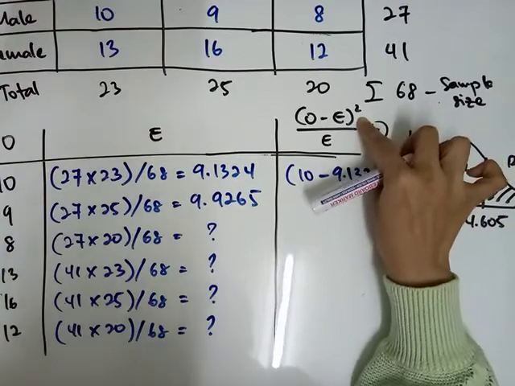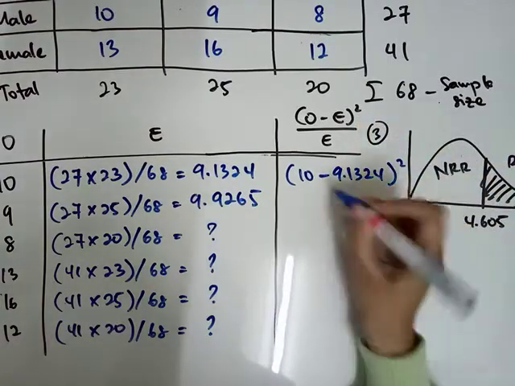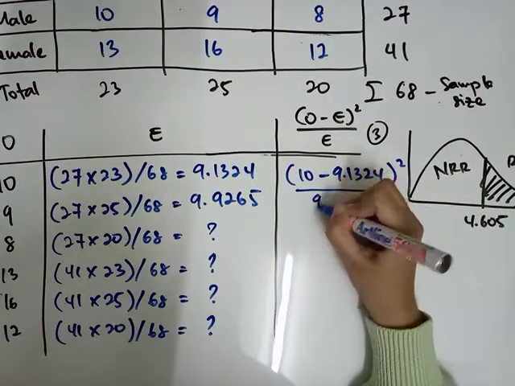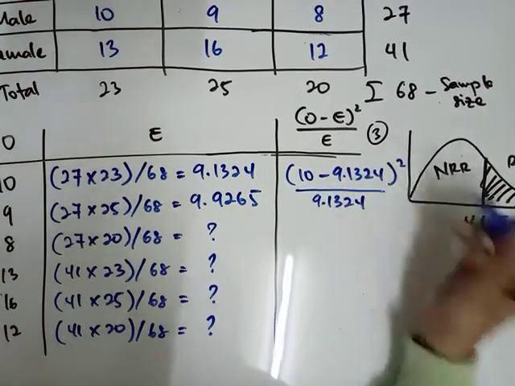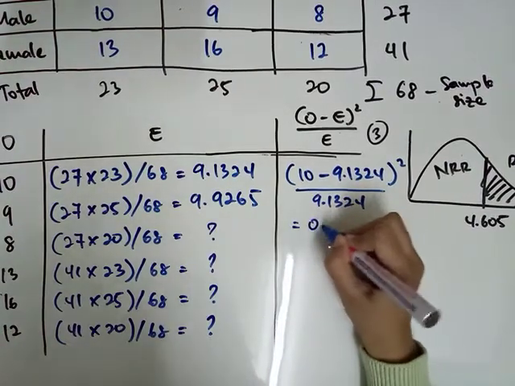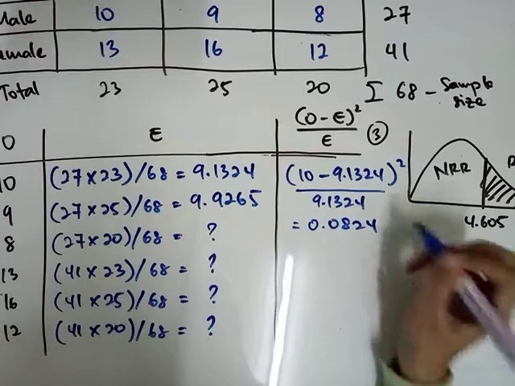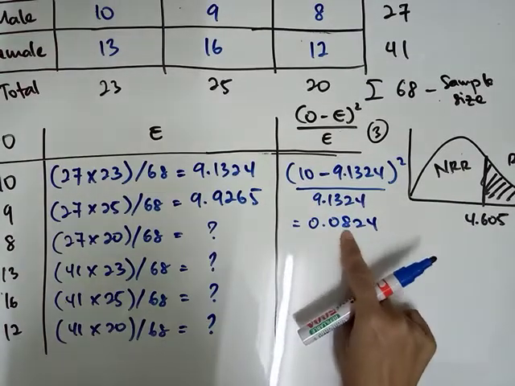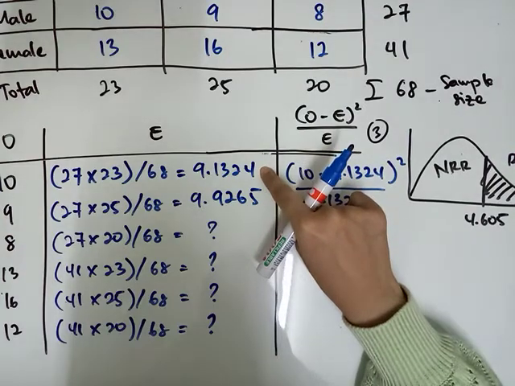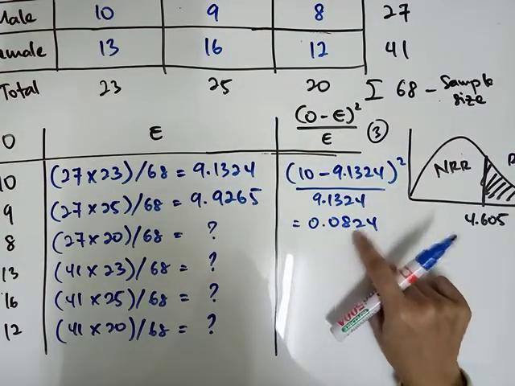Okay, look at this formula. Okay, power 2 divided by E, which is 9.1324. Awak calculate, awak akan dapat 0.0824. So 0.0824 it is for the first element, for element 10 yang saya calculate ni, 0.0824.